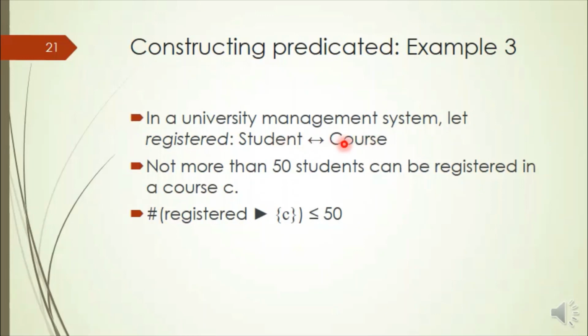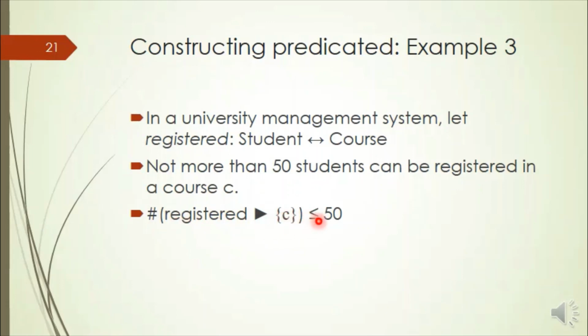So we need to use the range restriction operator. We apply the range restriction operator to relational variable registered and for one course C, and cardinality would be the number of ordered pairs which are associated with course C, and this number should not exceed 50.